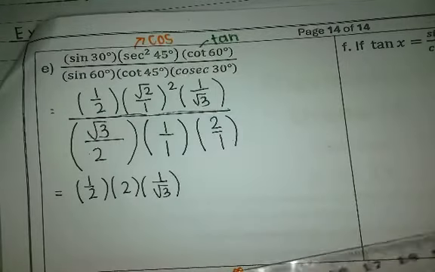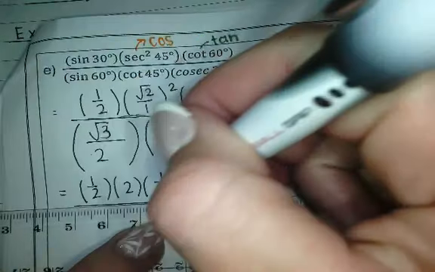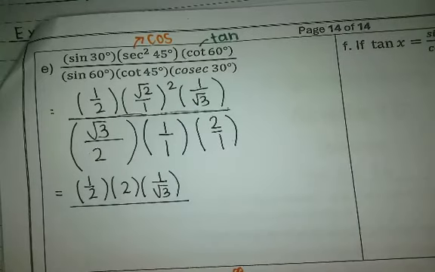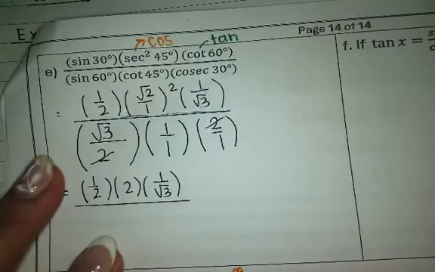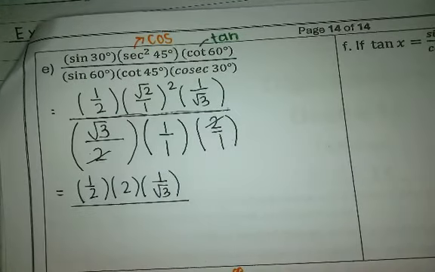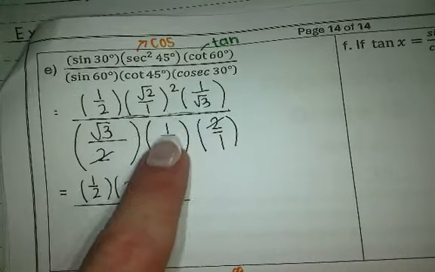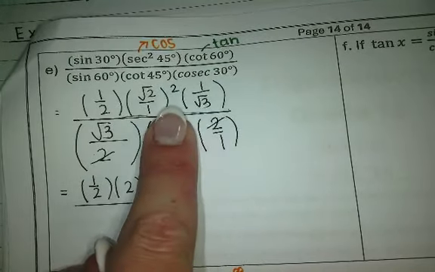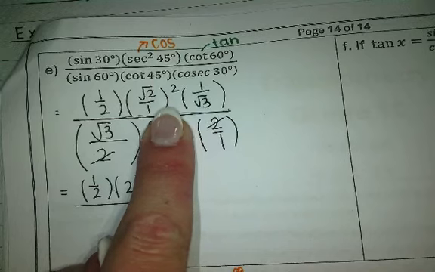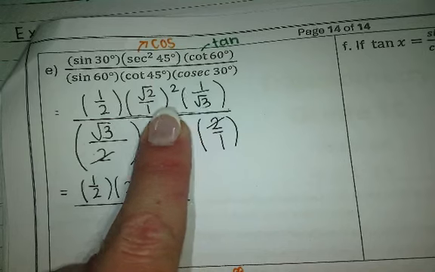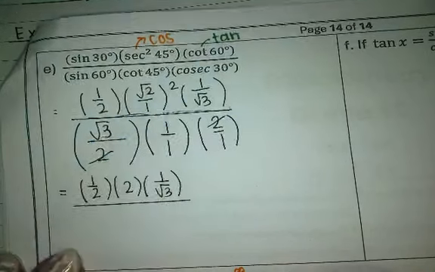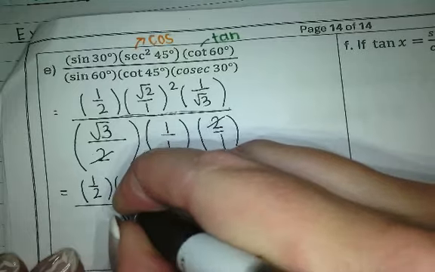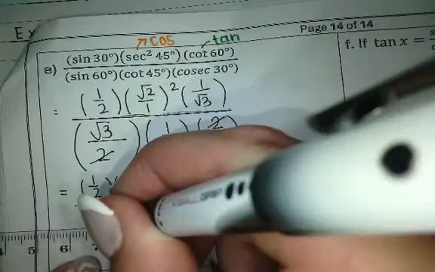Look. Ma'am, can you just make it 2 over 1? Yes, you can. This 2 cancels with that 2. Are you guys with me? Do we need to put this 1 here? Because 1 times any number is still going to give me 1. Okay, so what do I have left here? Square root 3 over 1.